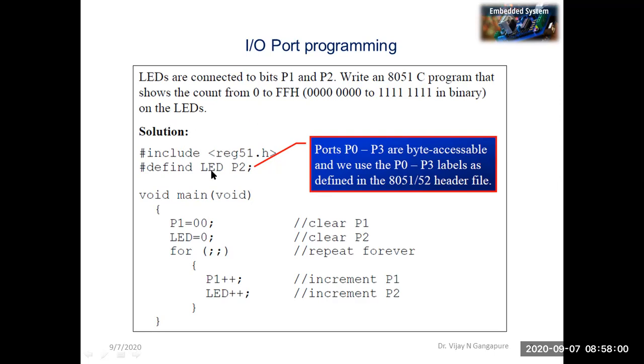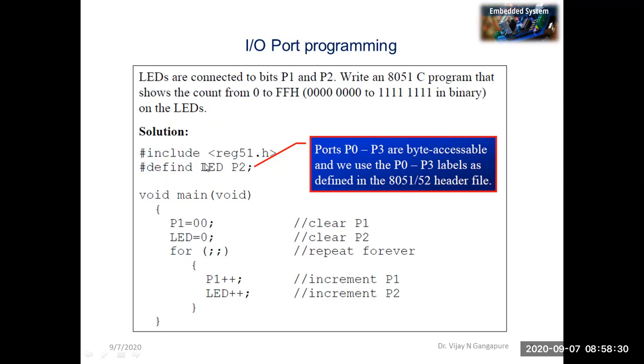So I think you have got the meaning of the program. Port 1 and port 2 pins are connected to LEDs, and to both these ports we have to output data from 00 to FFH in hex, or 0000 0000 to 1111 1111.